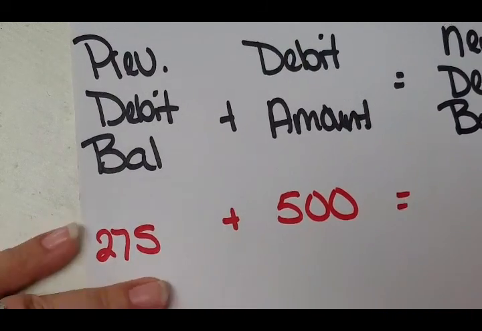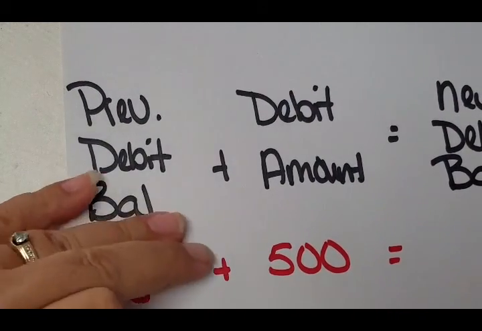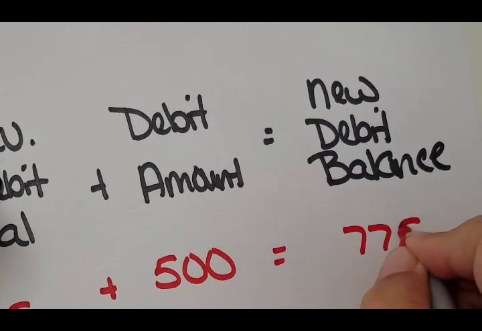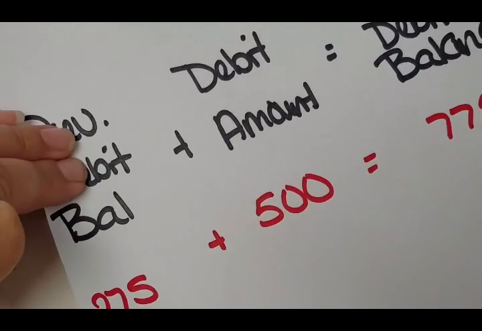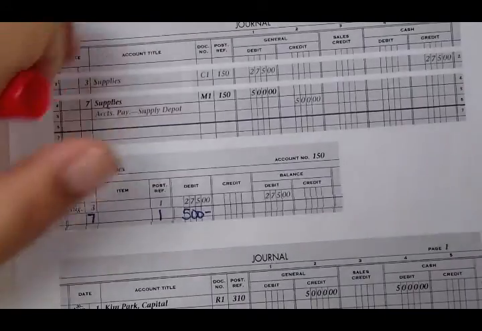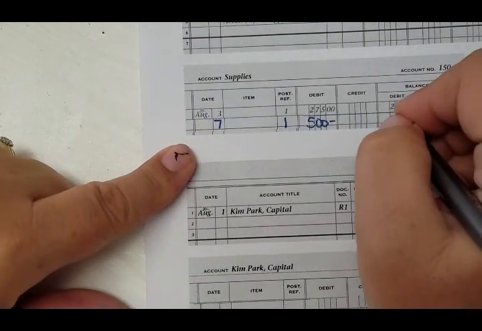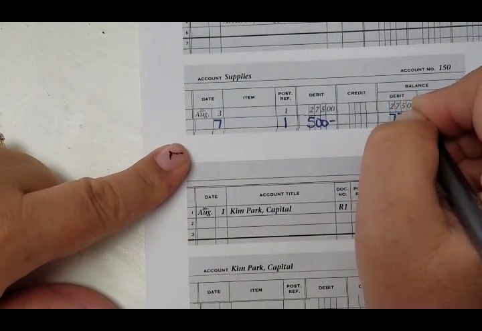So $275 plus $500 is going to equal $775. So then for our balance over here, we're going to put in the debit balance column $775.